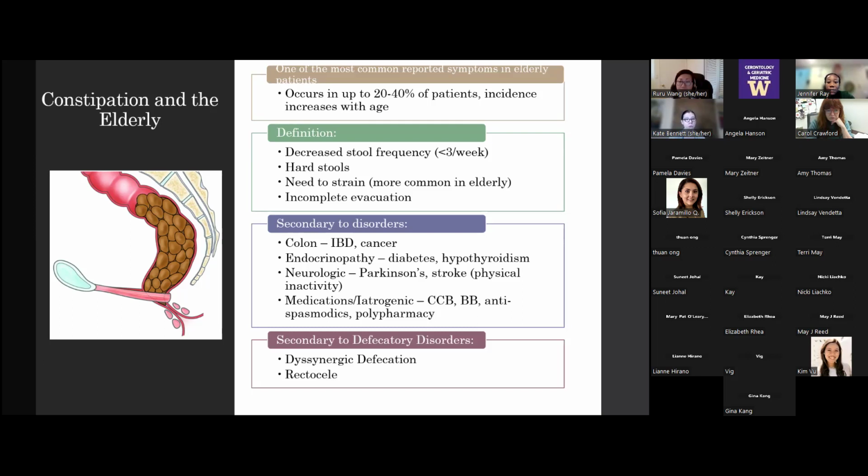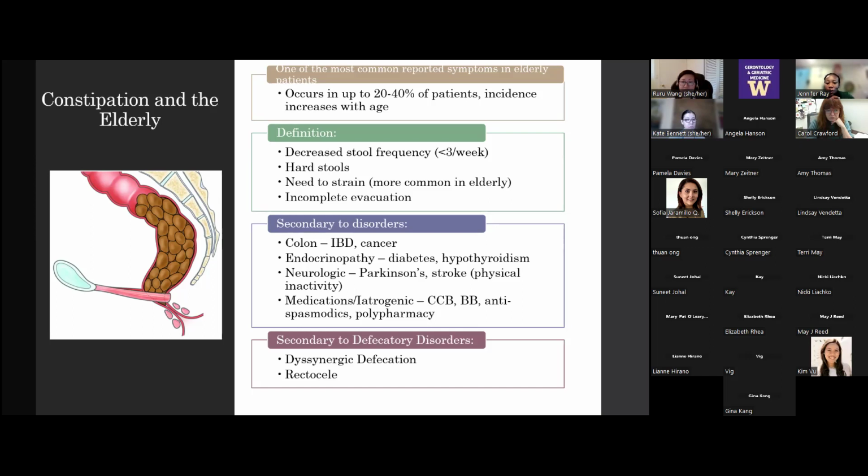Definition of constipation. So that's decreased stool frequency, i.e. less than 3 times a week. Having hard stools. I didn't put the Bristol chart up here, but it's the GI's favorite tool. So pulling up the Bristol chart and having patients help show you what type of stool they're having.